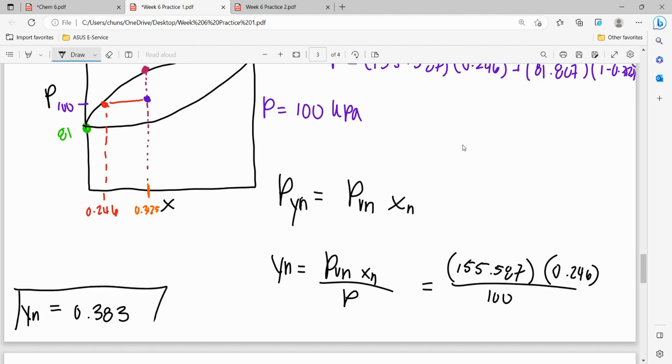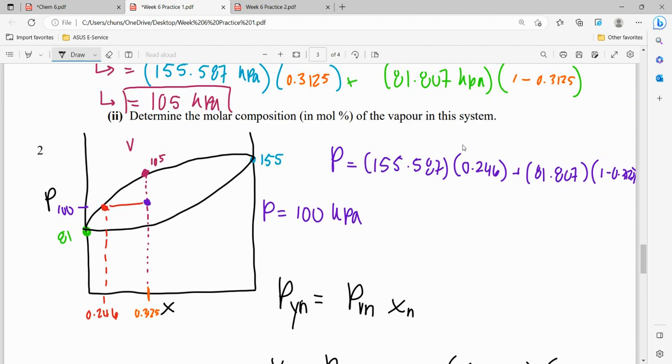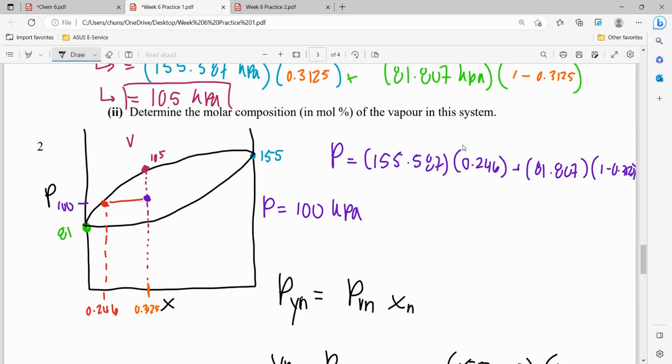That's our final answer for our nonane molar composition.